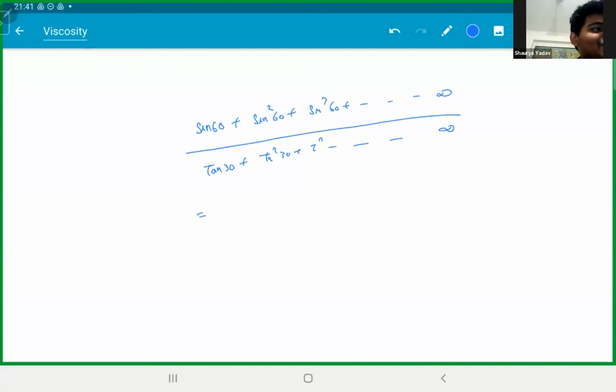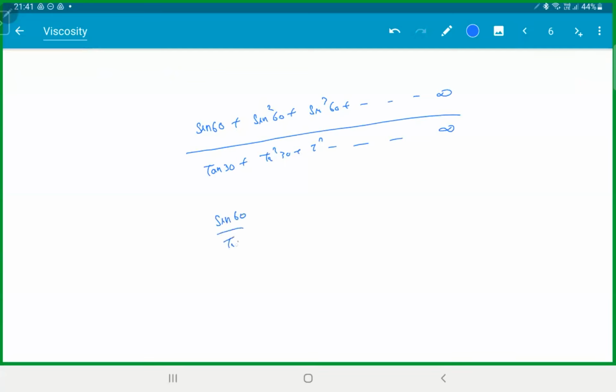Sine 60 by tan 30 plus sine square 60 by tan square 30, sine cube 60 by tan cube 30. I was just staring, and not one person, 3 people did that, for the medical batch 2 days back. I was thinking, okay, I know you are medical students, but you shouldn't be this dumb.